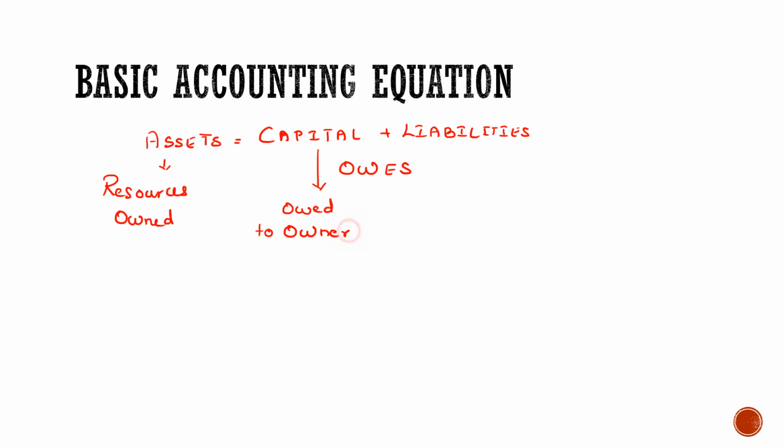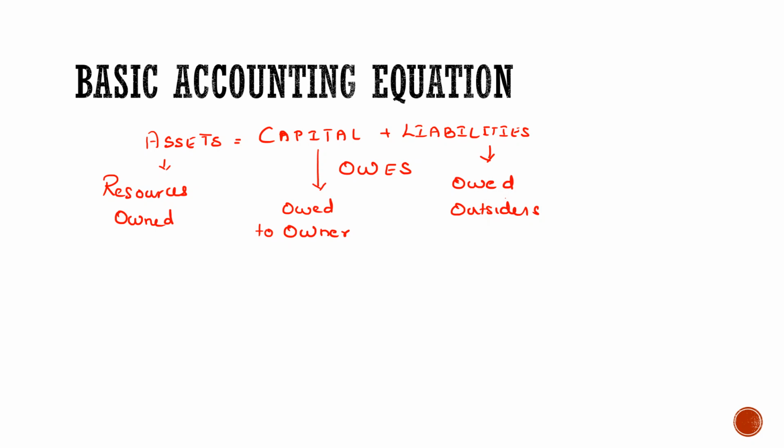The one who owns the business, he has contributed money, which is called as capital, using which the business is going to be carried on. So the business owes the amount to the owner, that we call it as capital. Whereas the business might owe to outsiders as well. So whatever is owed to the outsiders, that is called as liabilities.